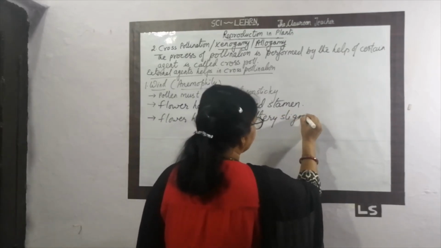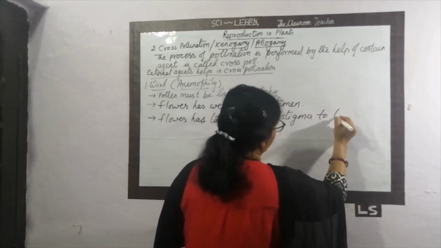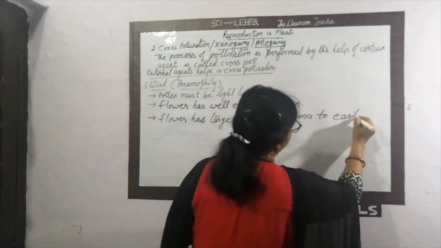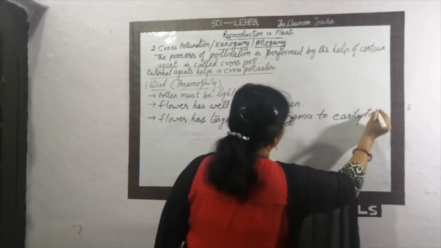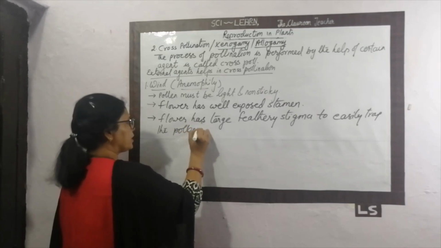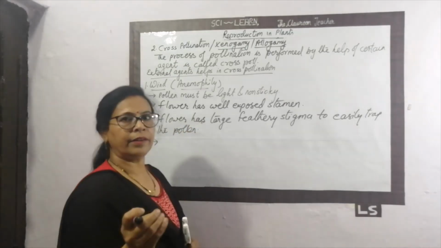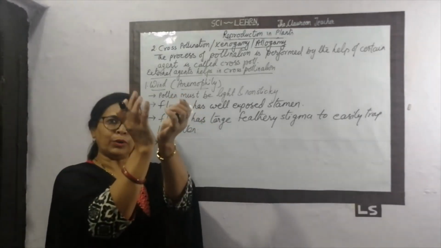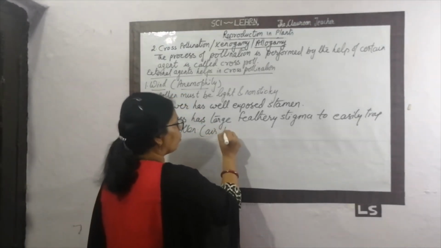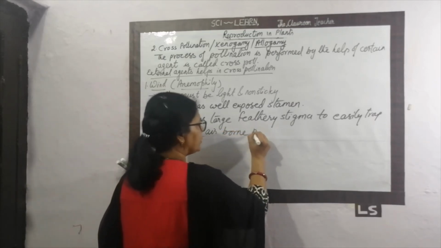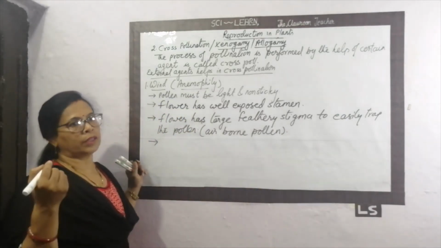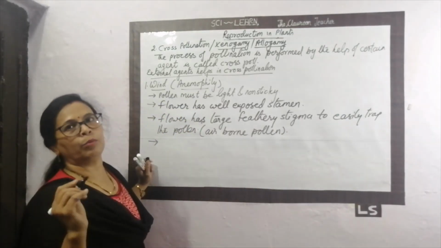The large feathery stigma can easily trap the pollen. If the pollen is flying up with the air and falls, the stigma is able to catch that pollen. Actually, these pollens are called airborne pollen. They are prepared only for this mode of pollination, that is anemophily.